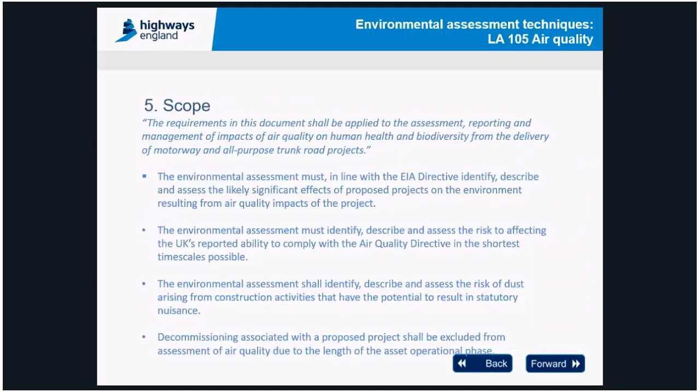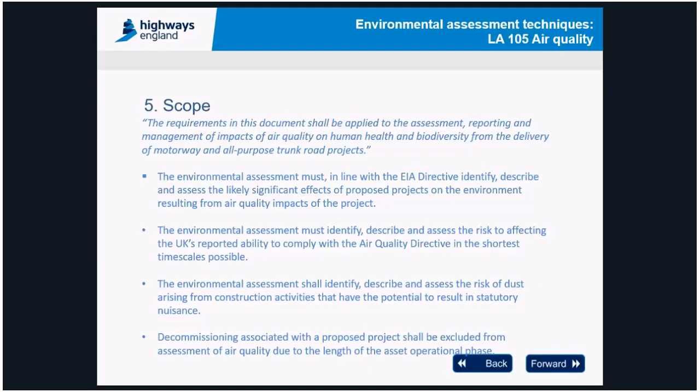So what is the scope of the DMRB, or the air quality chapter of DMRB now? Hopefully everyone can see that on screen. The whole purpose of DMRB, in essence, is to enable an assessment to be completed looking at the impacts on both human health and biodiversity for motorway and all-purpose trunk road projects, recognising, though, that lots of local authorities also use this as an assessment methodology, and it may find commonplace usage in planning applications for housing development and similar.